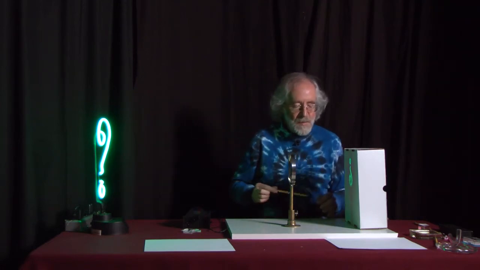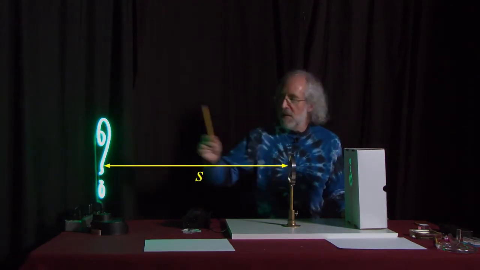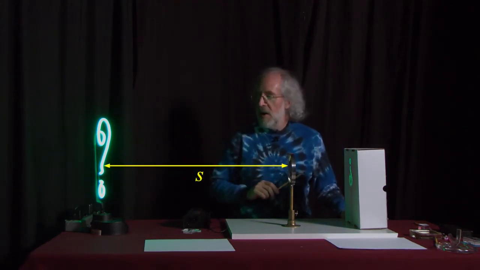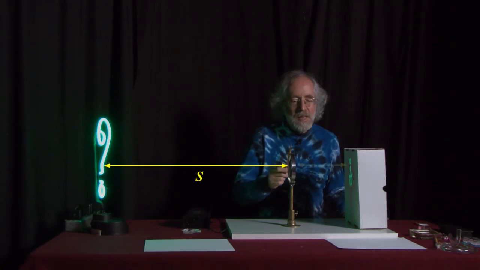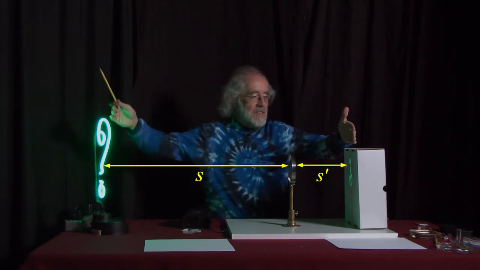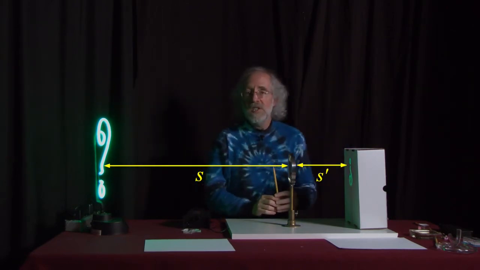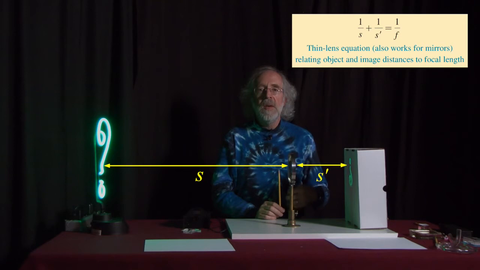There's a relationship that we'll learn in the chapter between the distance from the object to the lens, which we'll call S, and the distance from the lens to the image, which we call S prime. So think about this axis that we have, S and S prime. And there's a relationship between S, S prime, and F that looks like this.